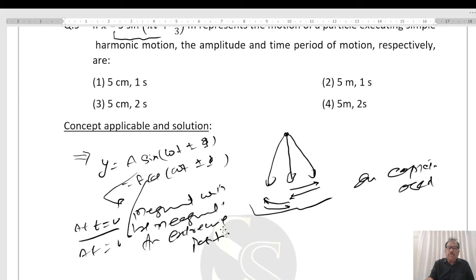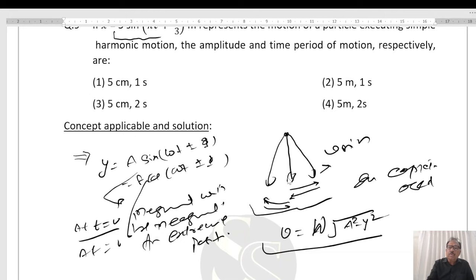Velocity is given by, if we differentiate this, v comes out to be omega under root a square minus y square. V will be minimum at extreme position, maximum at mean position, right?